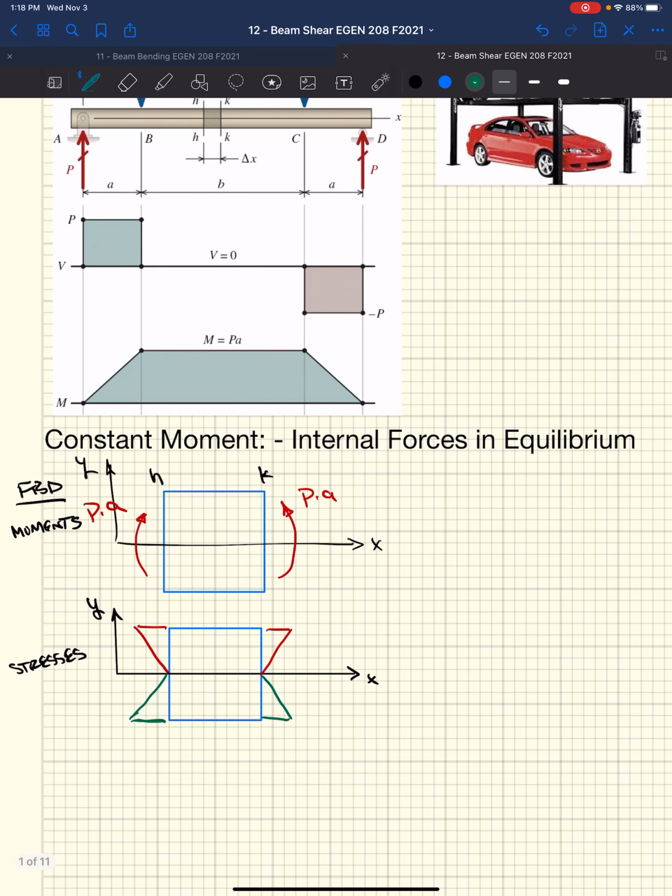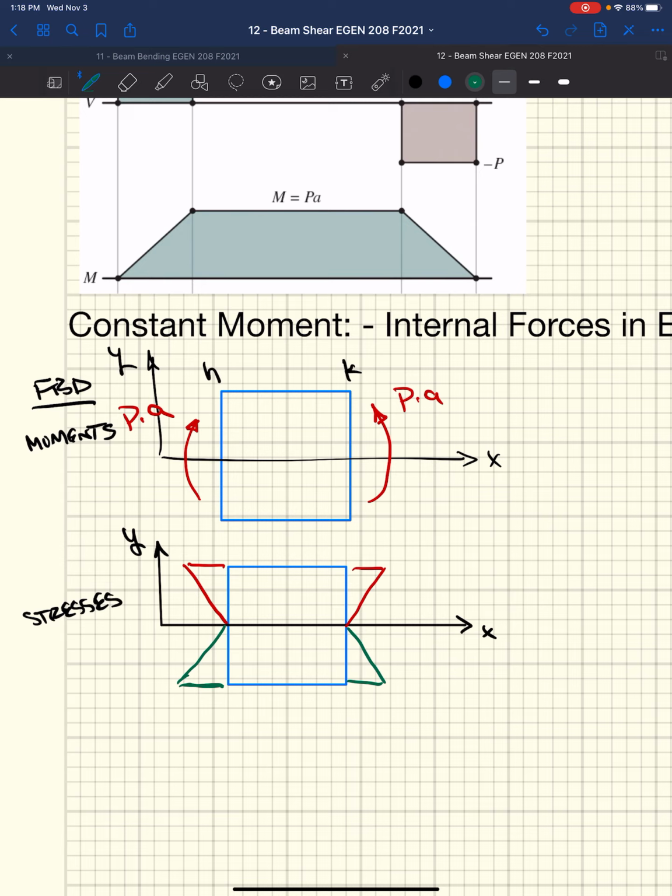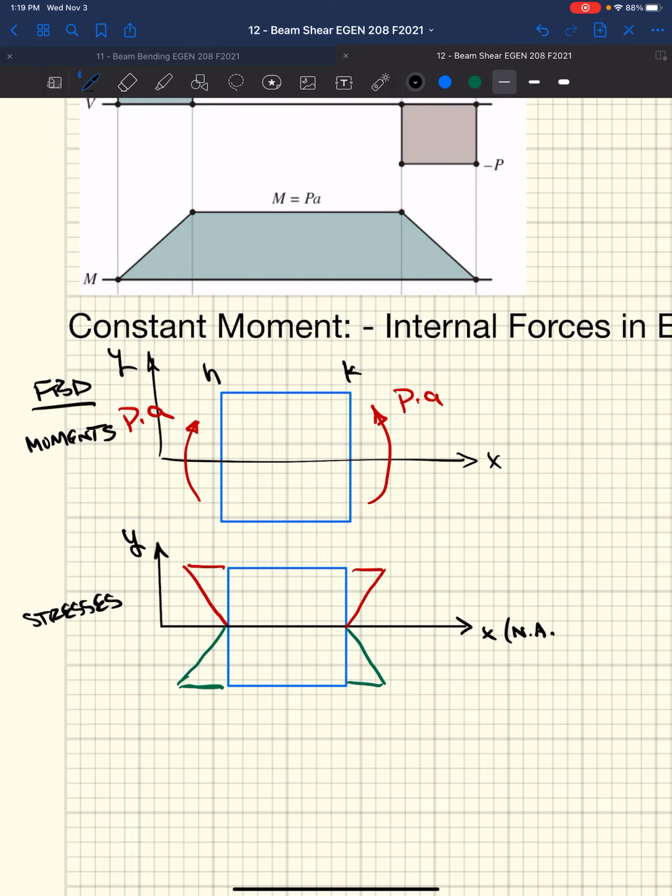We have a rectangular beam, right? Our stresses are going to be linear. Our neutral axis is going to be at the center, right? This being our neutral axis, place we have no stress.